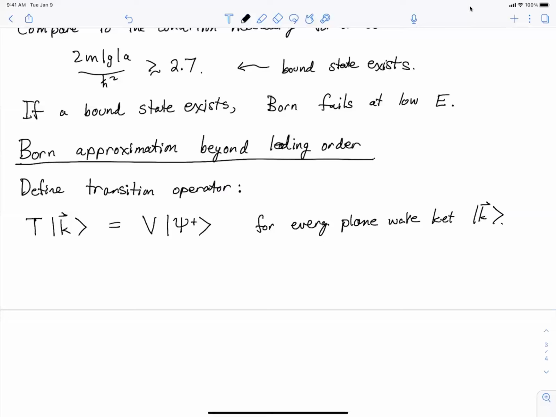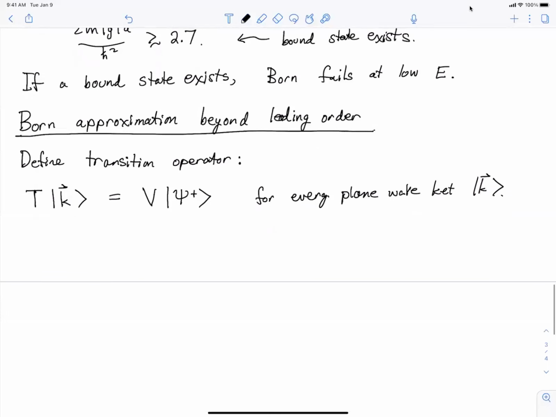So T acting on a plane wave ket gives you back the potential times the resulting scattering state. It's not obvious maybe right away why this would be a good thing to do, but now we can plug into Lippmann-Schwinger to see what happens.